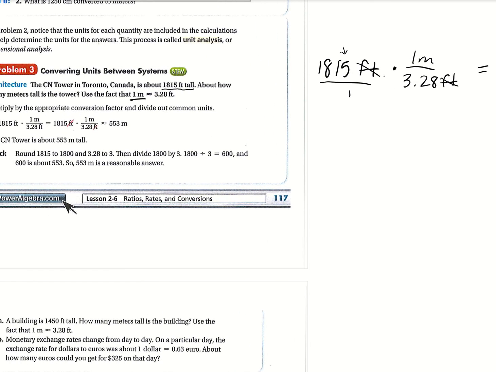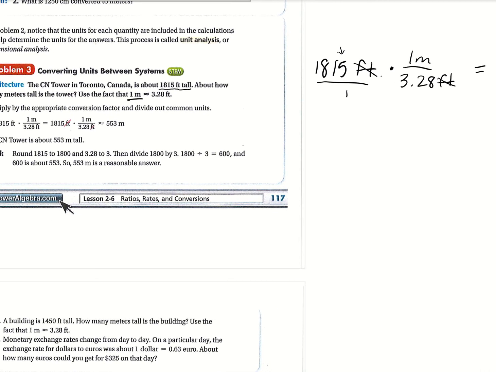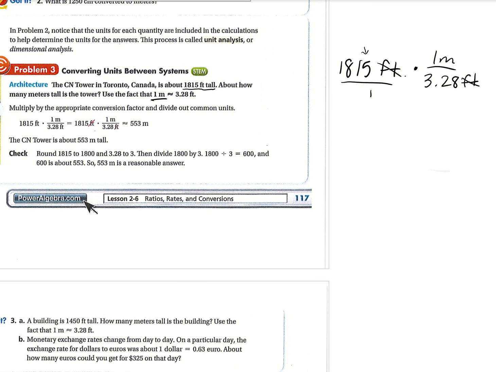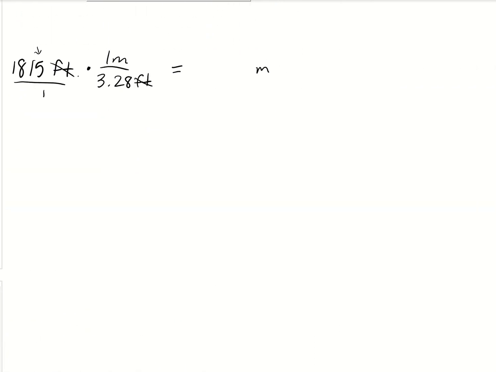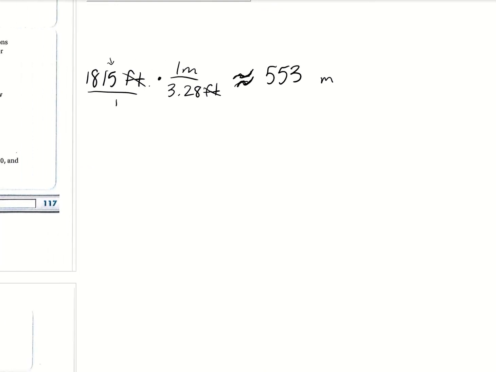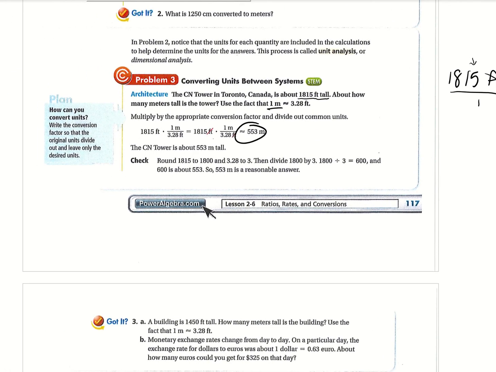All right, and I don't know what that measurement is. All right, so it looks like it's 553 meters about. Okay, and that is not going to be exact, that's going to be approximate. So yeah, it's about 553 meters on this first example here.